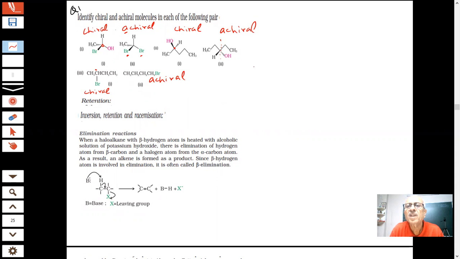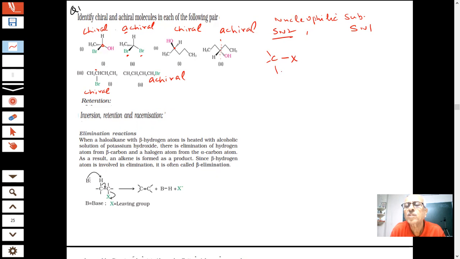Now, an important thing is that in our nucleophilic substitution reaction, I told you two mechanisms, SN2 and SN1. In SN2, what was happening, students?